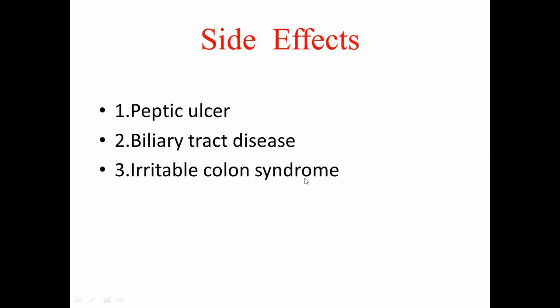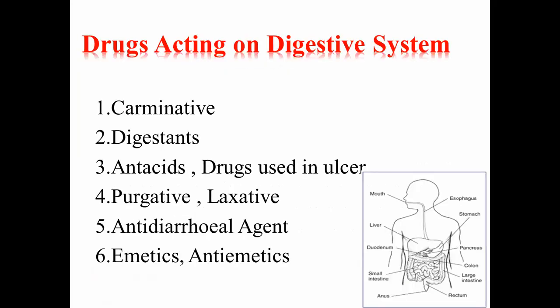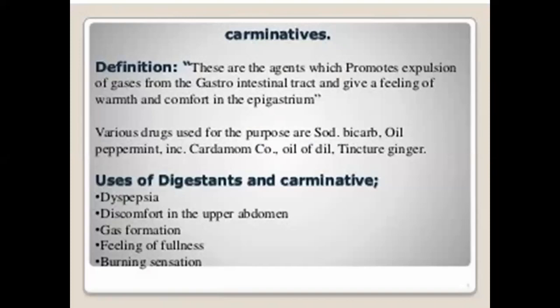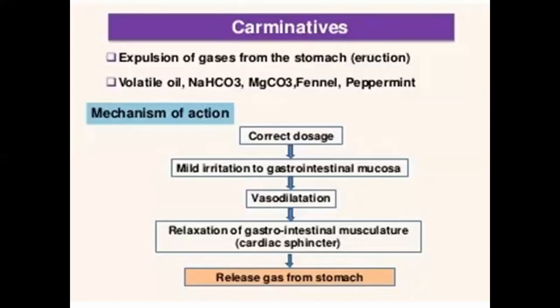So here we discussed carminative: firstly the definition of carminative, then the mechanism of action, how they act. These are the pharmacological agents that help evacuation of the bowel, and they promote expulsion of gases from the GI tract. They act by producing mild irritation and increasing GIT motility.